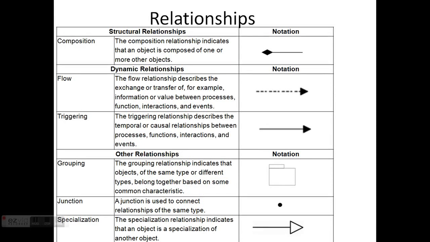The other types are dynamic relationships and other relationships such as grouping, junction, and specialization relationships. Specialization is also known as inheritance relationship.